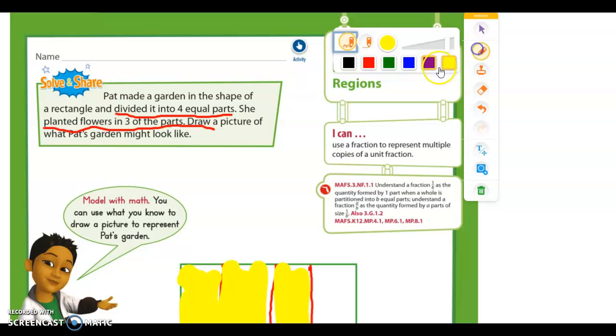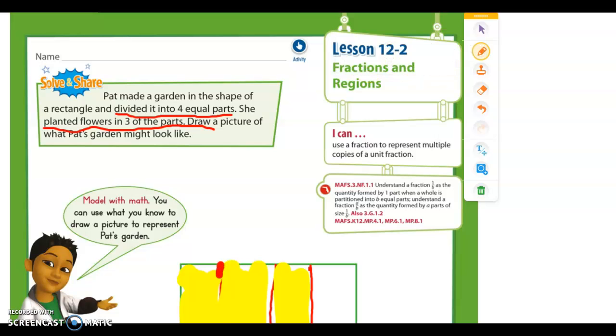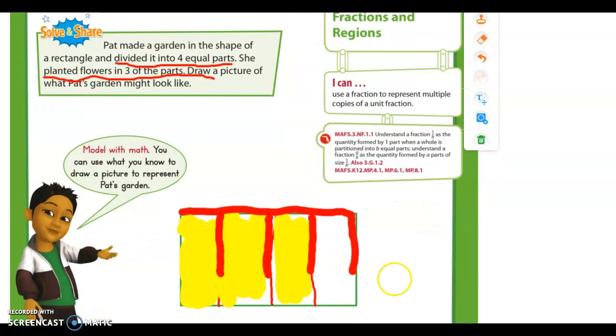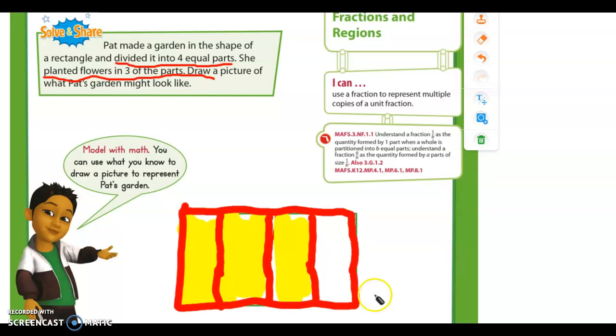And I'm just going to go back and draw in my red lines so we can see them again. So 1, 2, 3. And I'll trace the outside. So as you can see, we have our boxes divided in red, and then our 3 parts are colored in yellow.